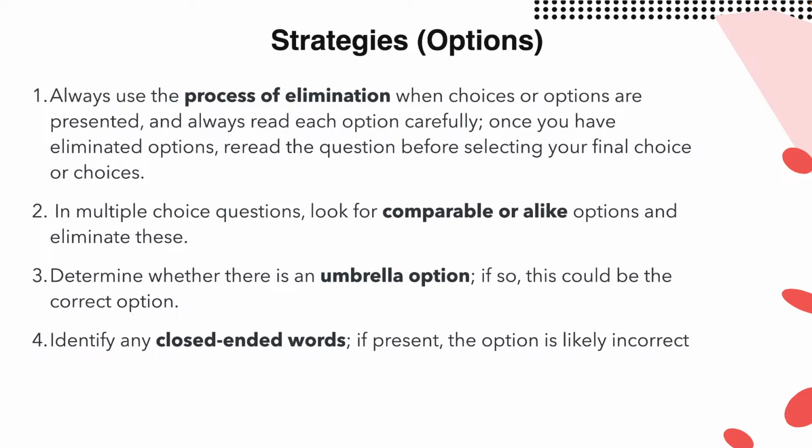Also look for the umbrella option. This could be very helpful. If you can locate the umbrella option, meaning, and I think we have an example of that later on, an option that takes all the other options under its wing, or that could cover all the other options, that's probably going to be the correct option. And avoid closed-ended words and closed-ended questions, things that end in yes or no, which are very common in questions where you are trying to get information from your client.